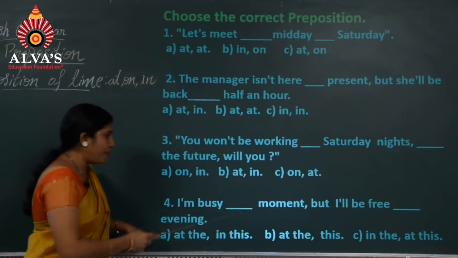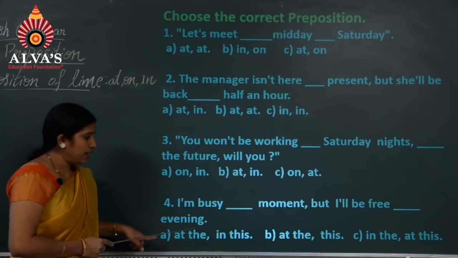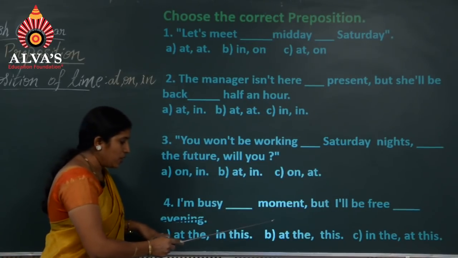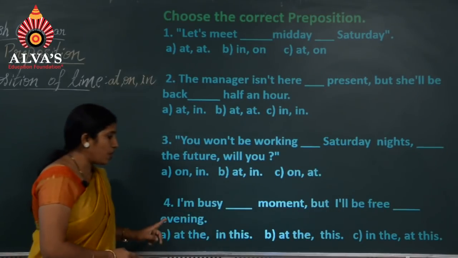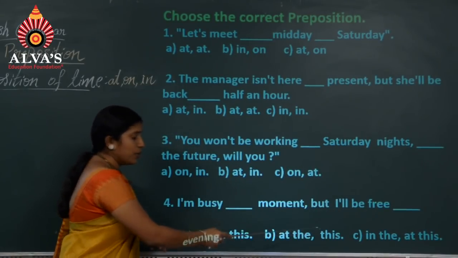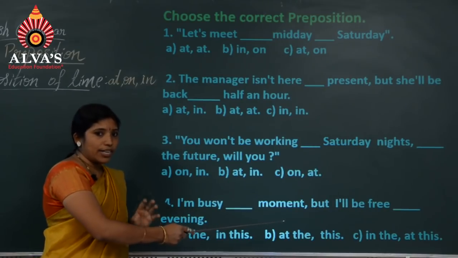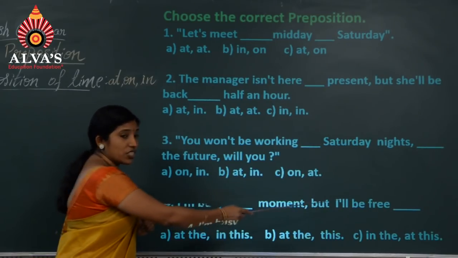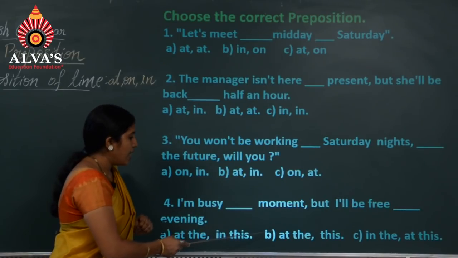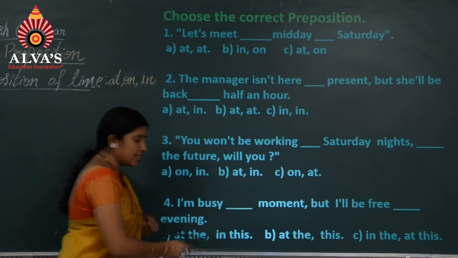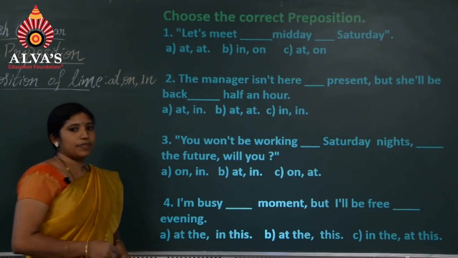But I'll be free dash evening, this evening. Can you write in this evening or at this evening? No, you have to write this evening, because you know the exceptions. I told you the four words. So the answer is: at the moment, this evening. Option B is the right one.